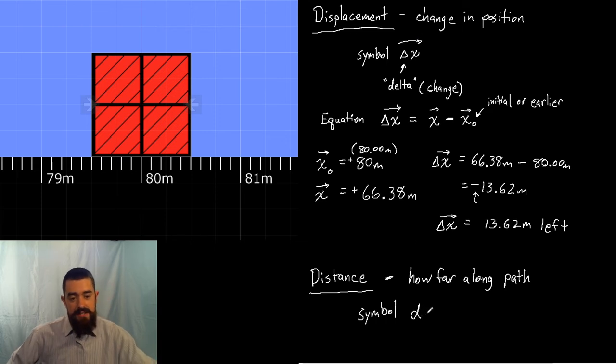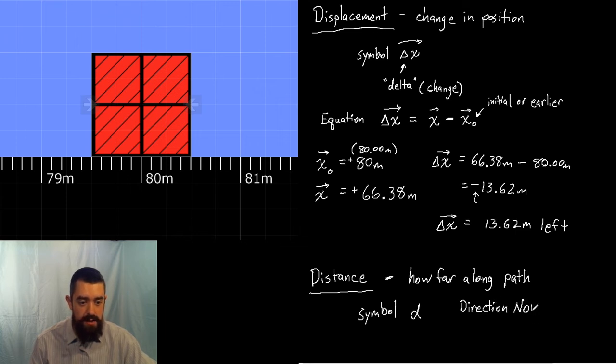Now D, distance, is not a vector quantity. So the direction of travel is not accounted. Direction not considered. So we would say this is a scalar quantity.